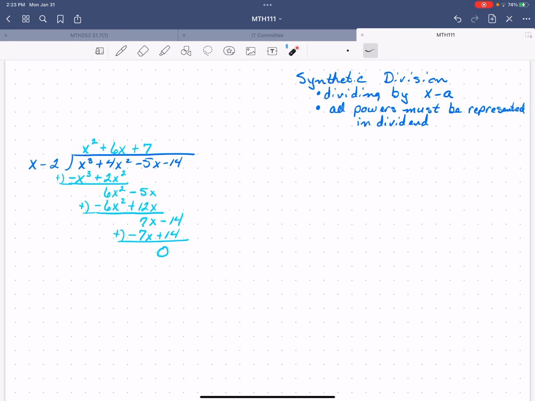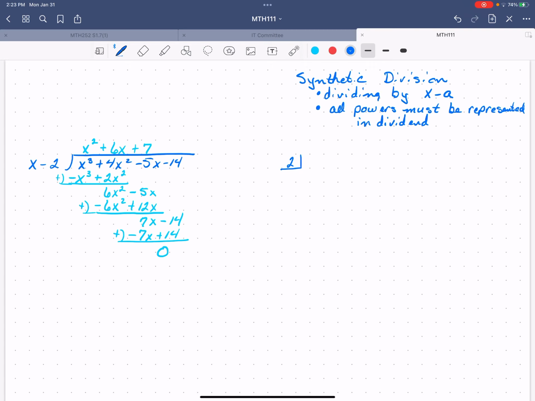Okay, so here's how we do synthetic division. Now, synthetic division is always x minus a number. So in this case, we're dividing by x minus 2. And so what we do is we take the x minus 2, but we are only keeping the 2. And I put it in a box.